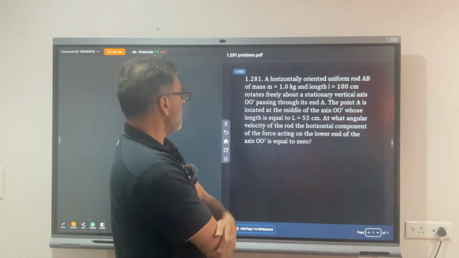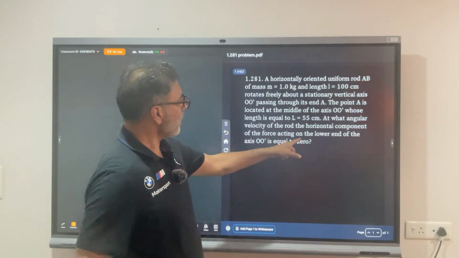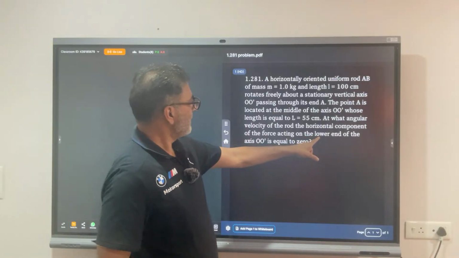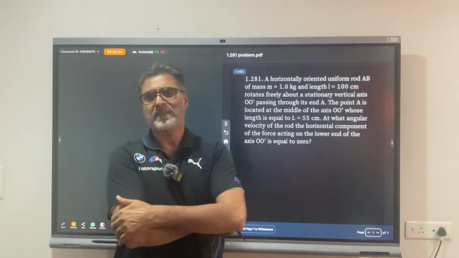At what angular velocity of the rod is the horizontal component of the force acting on the lower end of the axis OO prime equal to 0? This is the question.